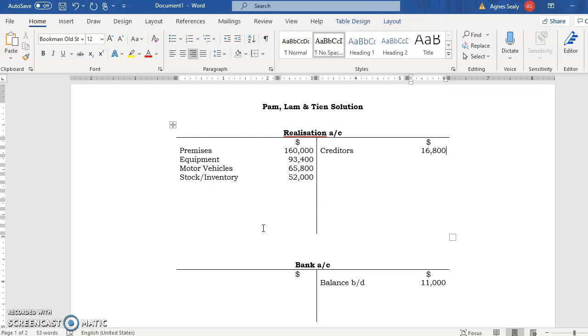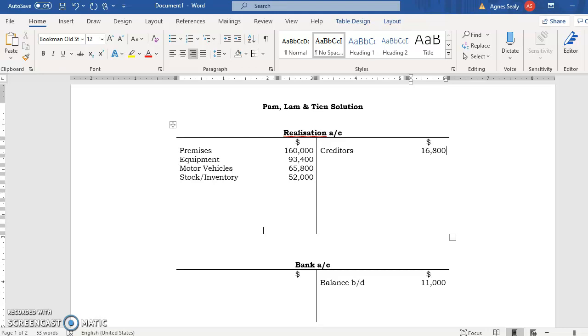Our accounting entries also state to record the proceeds received from assets realized, or if we had disposed of an asset, which means we sold an asset, we would then have to debit either cash or bank and credit the realization account. So the partnership did not sell any assets, so we will ignore that entry.